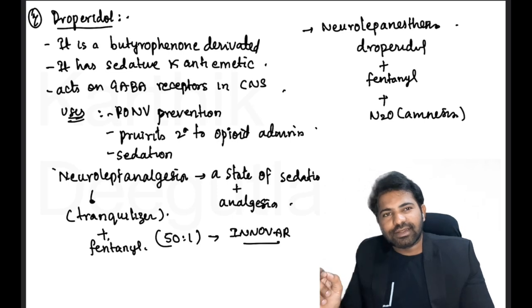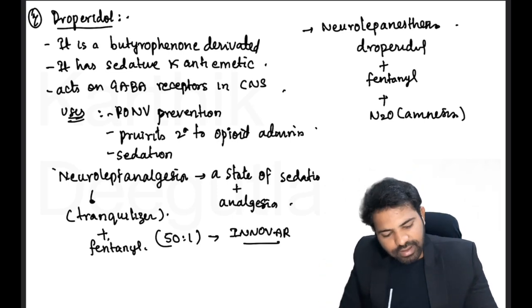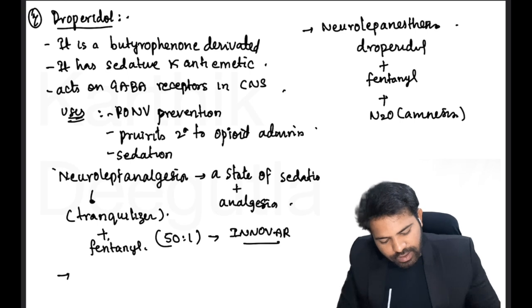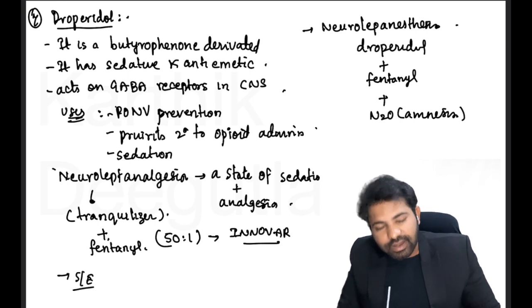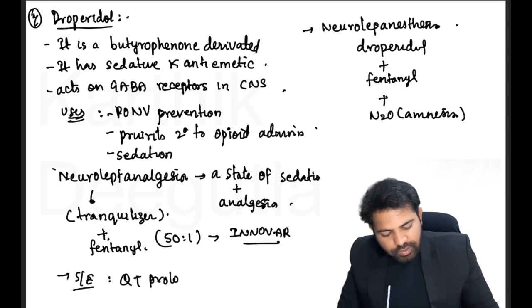Neurolept analgesia and neurolept anesthesia, I hope this is clear. Then there is one side effect for droperidol. It causes QT prolongation, or torsades de pointes.